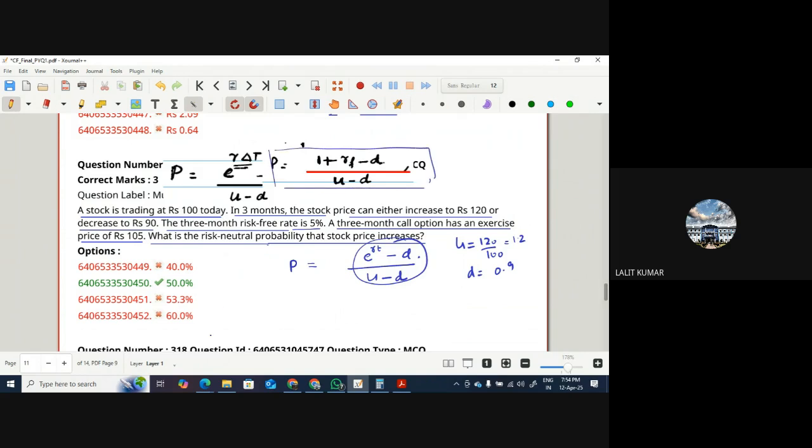So if you put this, it will become 1 plus RF, 0.05 minus 6.9, divided by 1 minus 6. So we have to remember these two formulas: e to the power RT minus T, or if it is not continuously compounded, then it becomes 1 plus RF minus T. Very good.